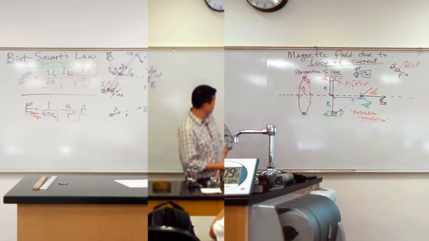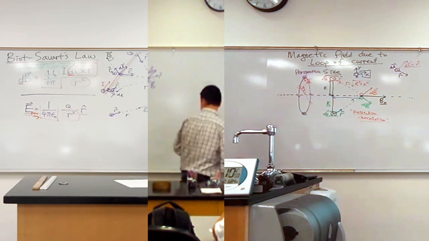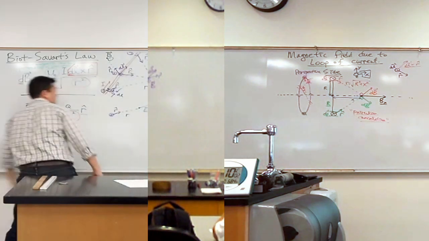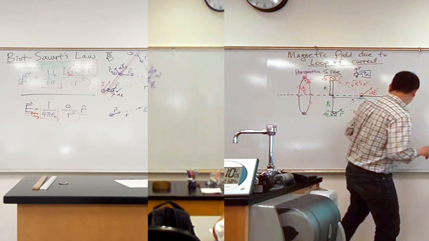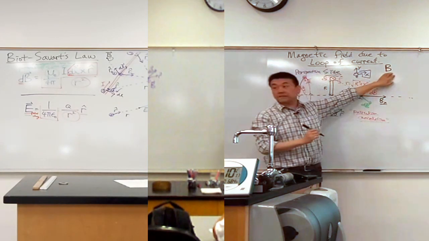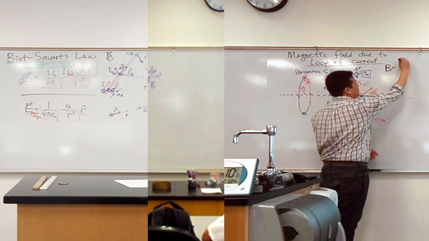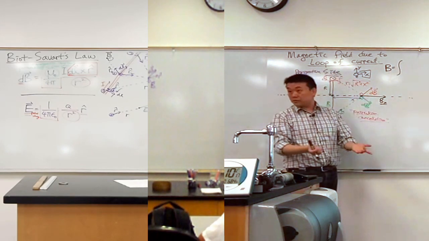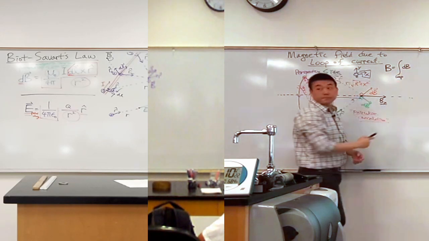Okay, so with that, I think I have everything I need to actually set up the calculation. So this is what I'm going to say. The magnitude of my magnetic field is going to be the sum or integral over all these small contributions added around the loop.